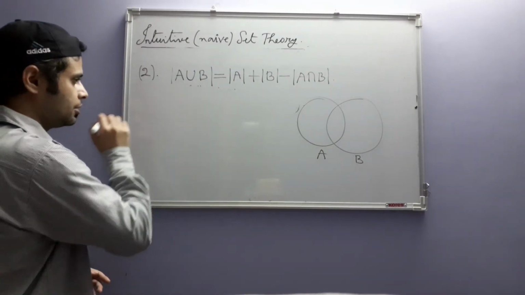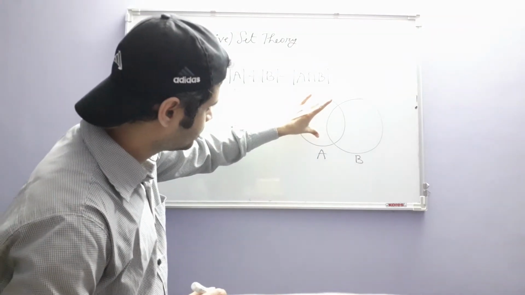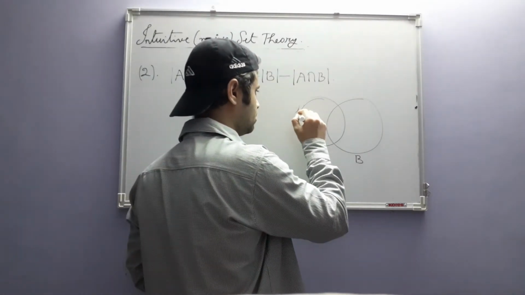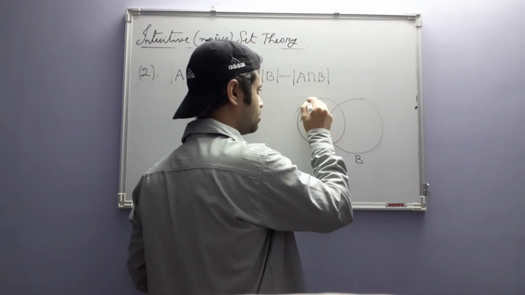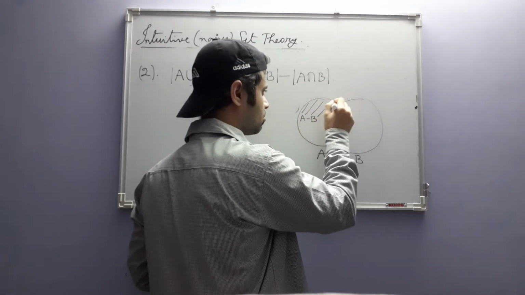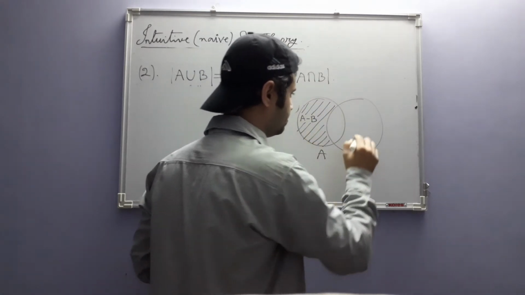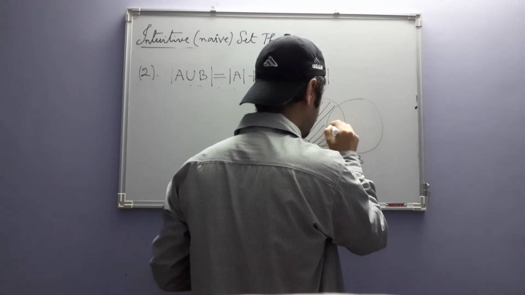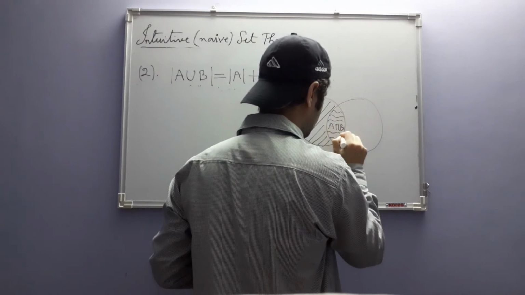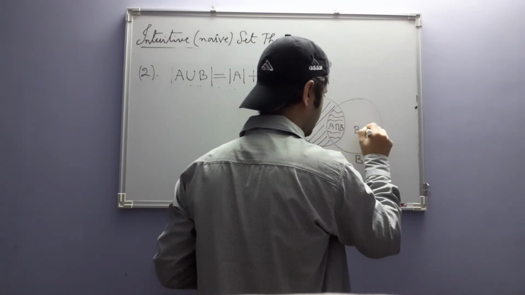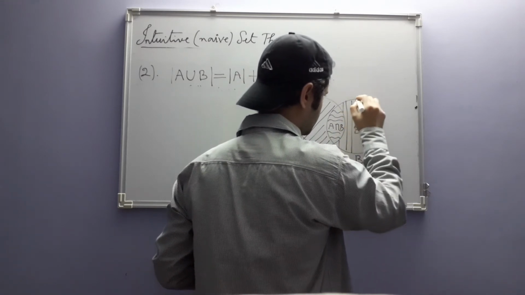First of all, you see, A union B is the union of this set. This is A minus B, this much. And A intersection B, this much. And B minus A, this region.